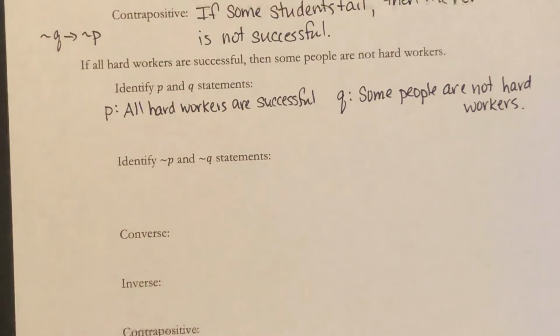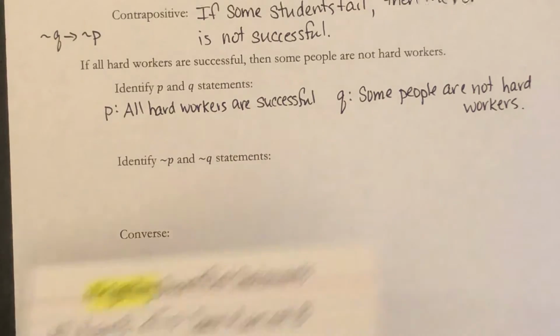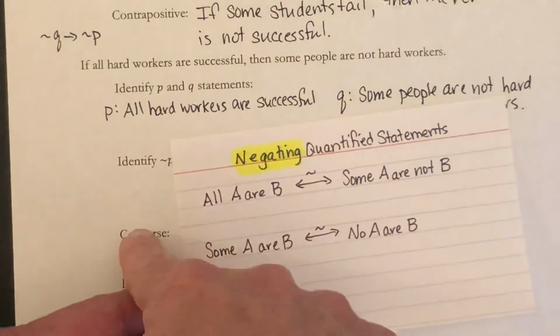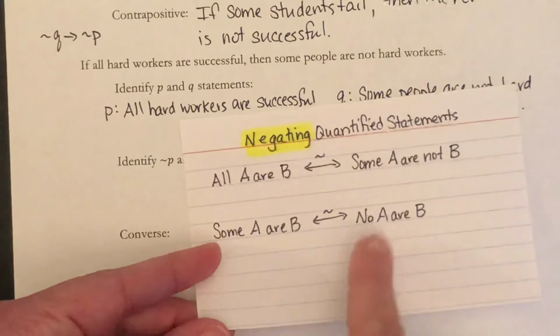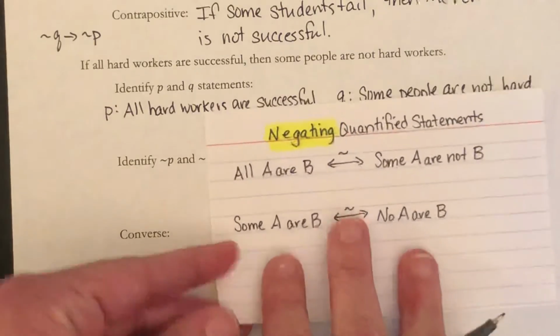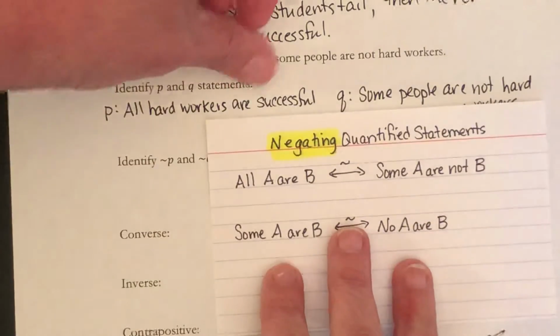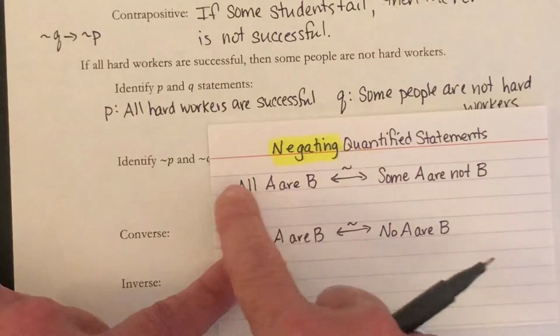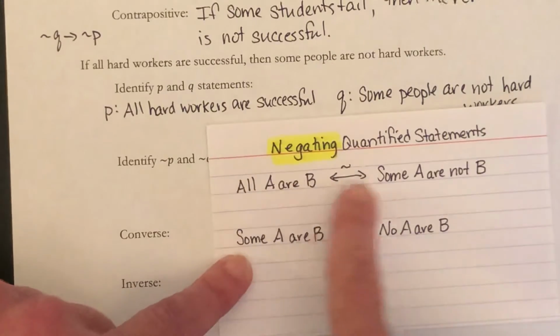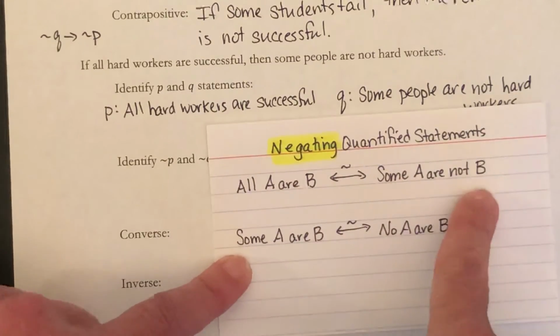Now, both of these statements are quantified. So when we're going to find the negatives of these, we need to make sure we're doing this. It says all hard workers are. So all A are B. All are. Its negation is some are not.